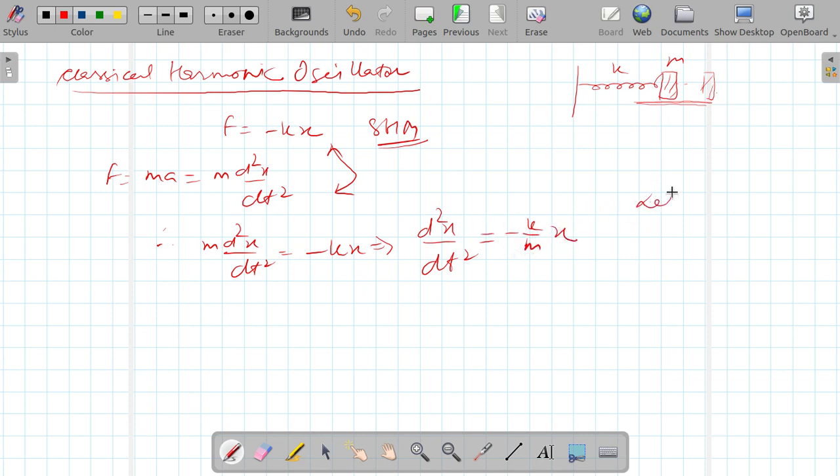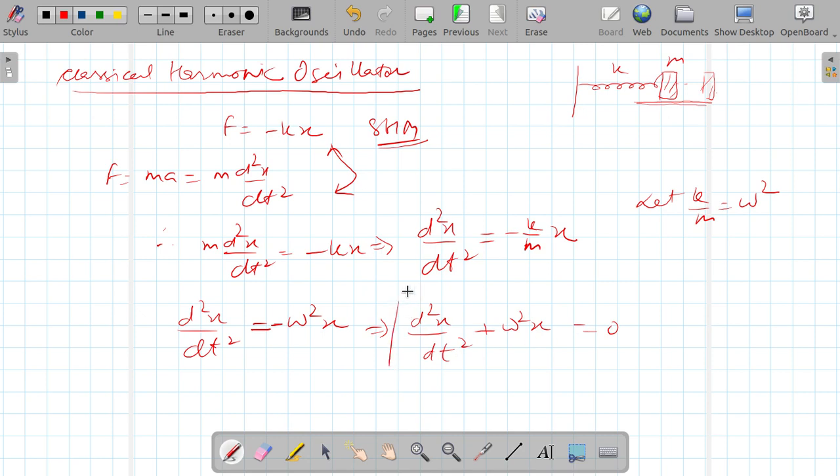Here let k by m be equal to omega square. If I use this, then this equation will become d square x over dt square equals minus omega square x. So that means this will become a standard differential equation, and we can find the solution of this differential equation easily.